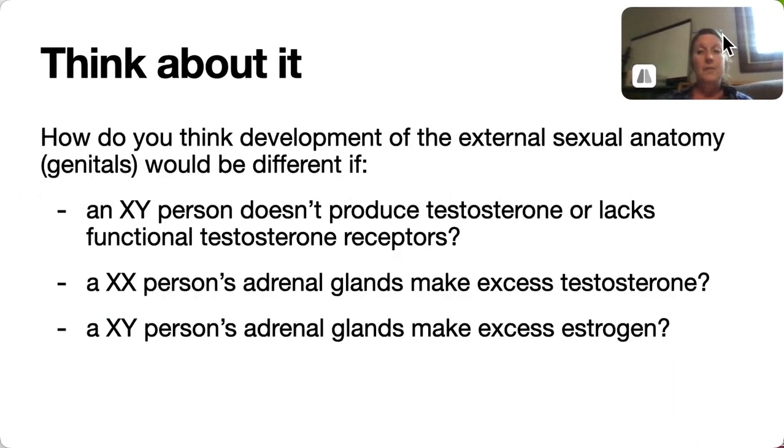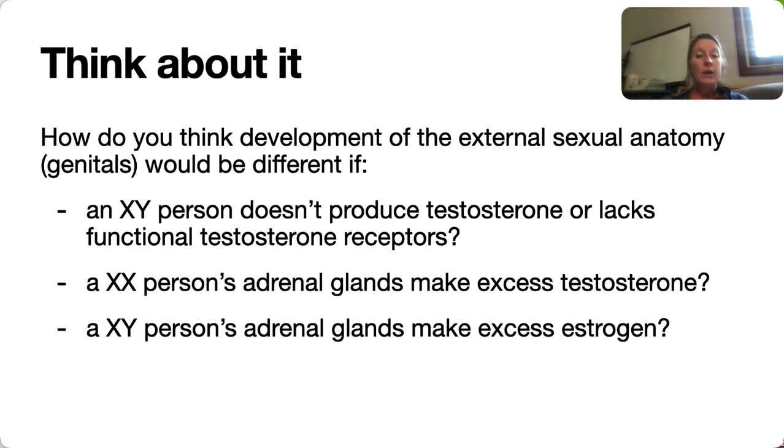Okay, so now think about this with the external anatomy, just based on what I told you about how it works. How would it be different if an XY person didn't produce testosterone or didn't have functional receptors? How is that going to change the way their genitals appear?